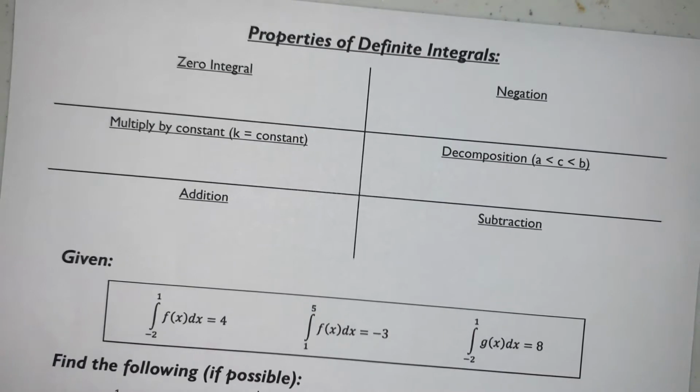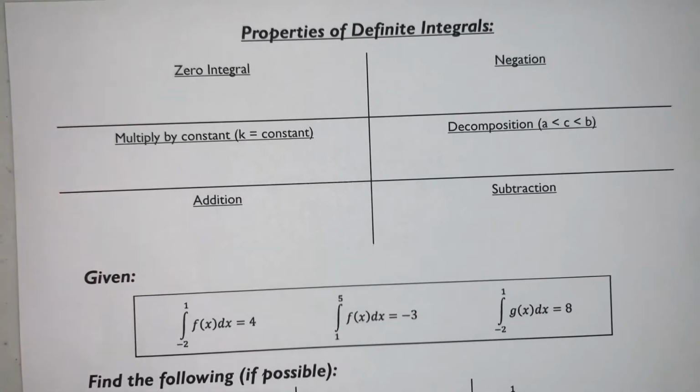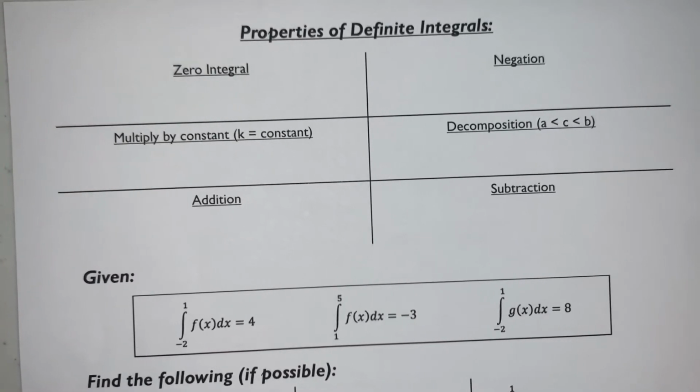Okay, so now as far as some properties of definite integrals, or just integrals in general, these are definitely some rules that I want you to keep in mind as you do integral techniques, especially this one of the constant. This is similar to when we did properties of limits.